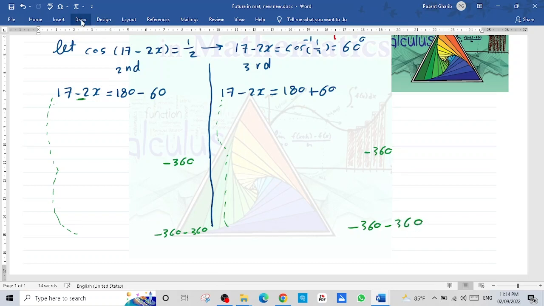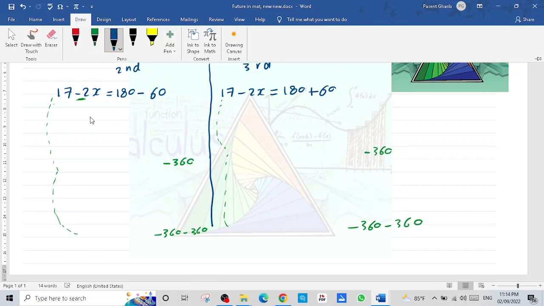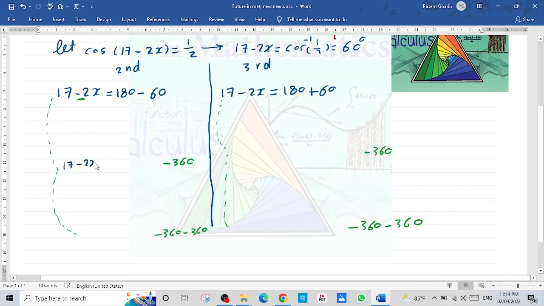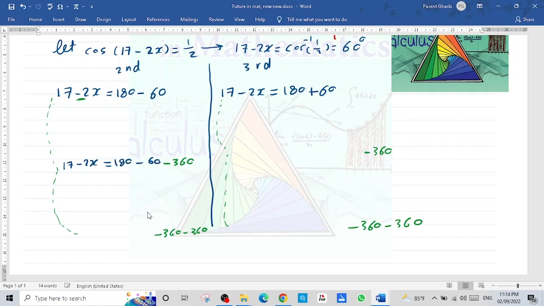And then we write the equations here. In the first one, we can get x from this, but before doing this, we have to write them all. So it is 17 − 2x = 180 − 60 − 360, and 17 − 2x = 180 − 60 − 360 − 360.